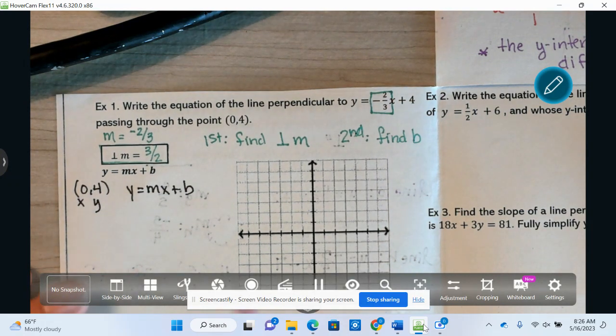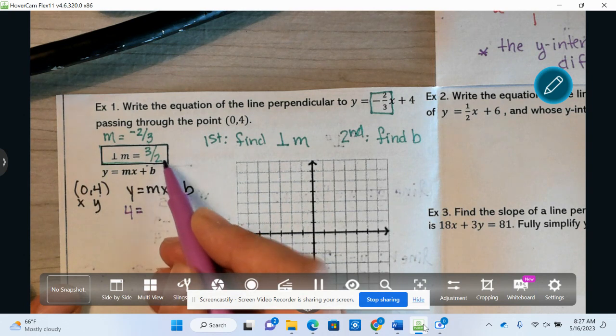So Peyton, what number am I going to substitute in for y? Look at the ordered pair. Yeah, 4. Do you guys see that we're just taking the ordered pair and the slope? We're just plugging it in. So 4 comes from the ordered pair equals, what is my slope?